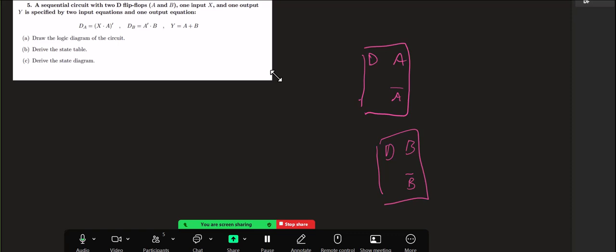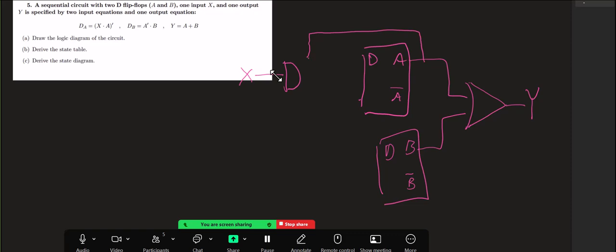And our output Y is A or B. And our input into A is X and A not, so X and A, and our input into B is not A and B.